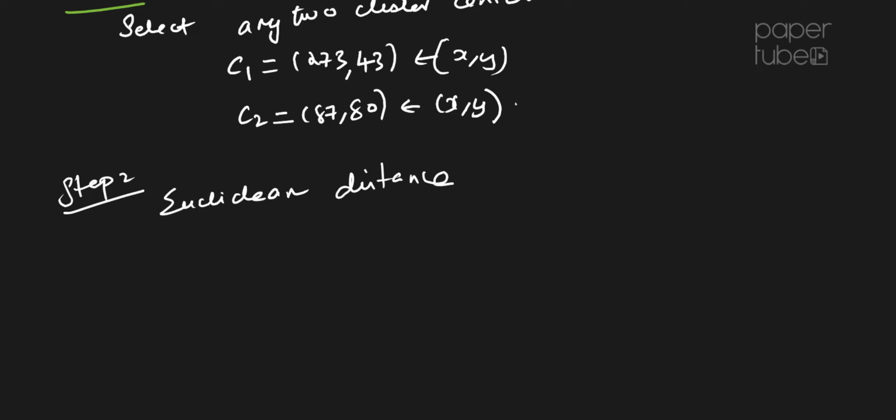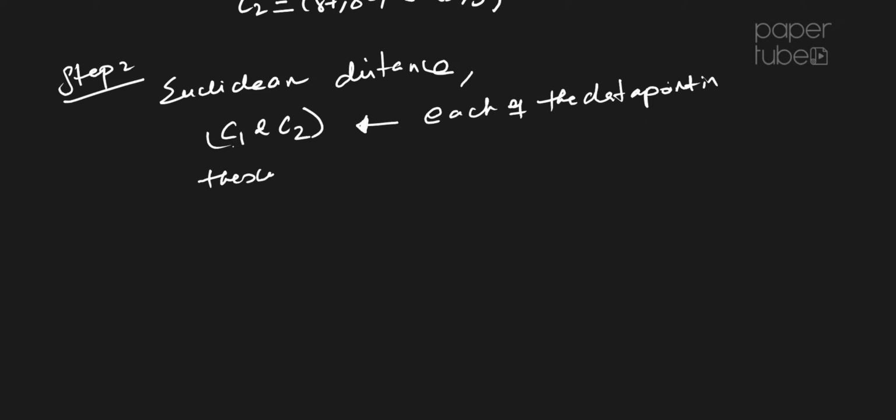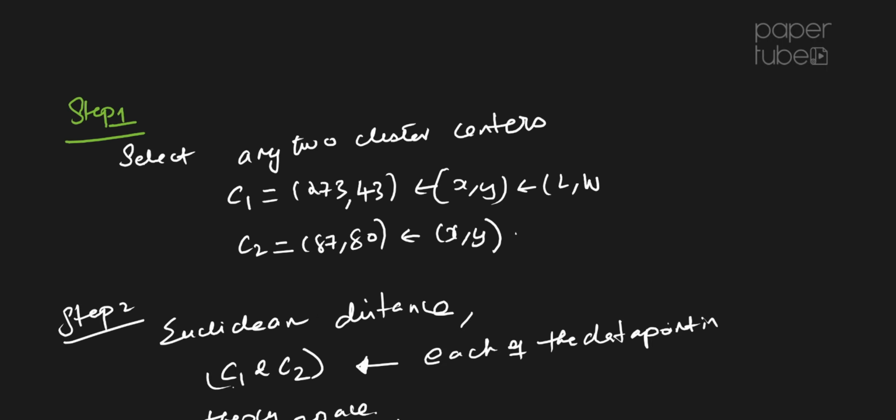Euclidean distance between the cluster centers C1 and C2 and each of the data points in the xy space. So x comma y, this is L comma W. For convenience, I'm going to call L as x and W as y.